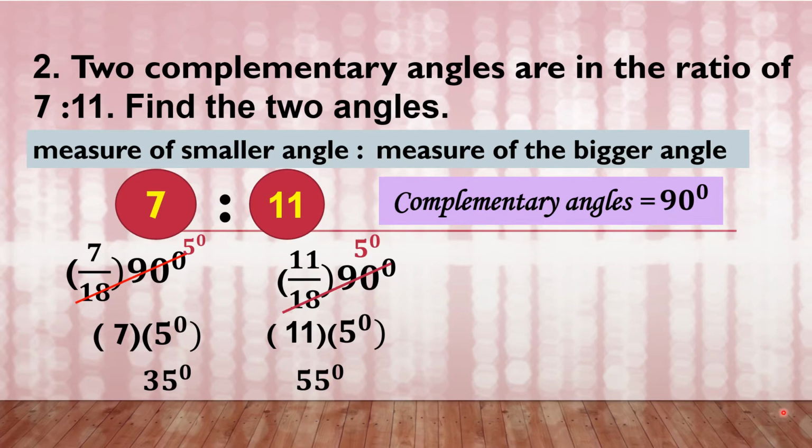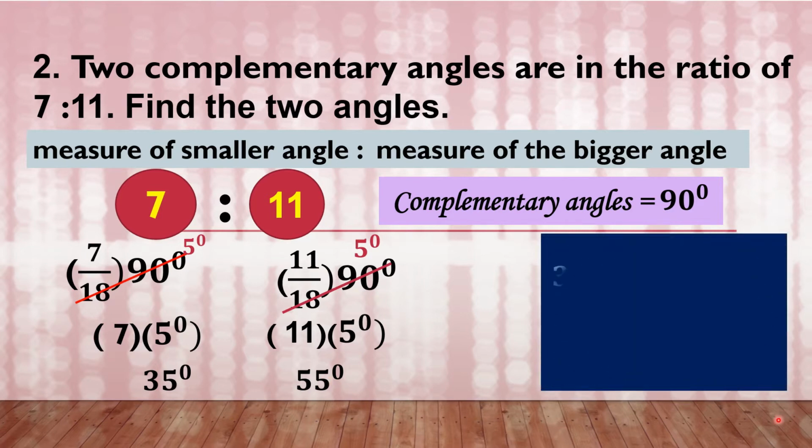Okay, now let's check if the ratio of 35 degrees to 55 degrees is equal to 7:11. So that's nice, no? That's right. So we simply divide both of them by 5 degrees.